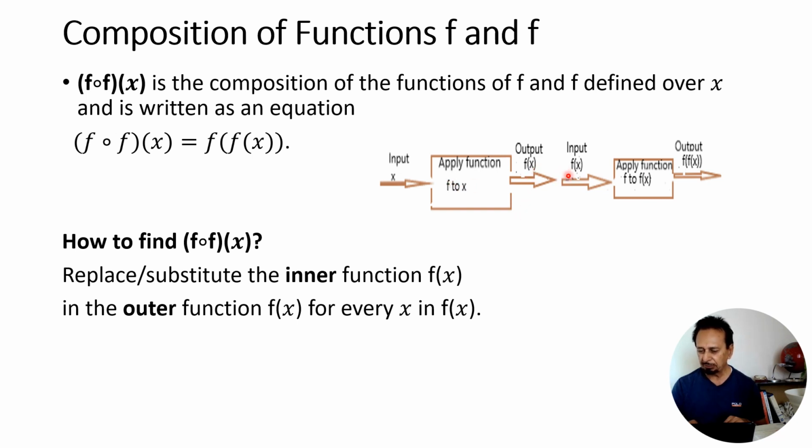Now we take this f of x and input it to the same function f, applying f to f of x to get f of f of x as an output. So to find the composition of f and f defined over x, we substitute f of x into f of x for every x.